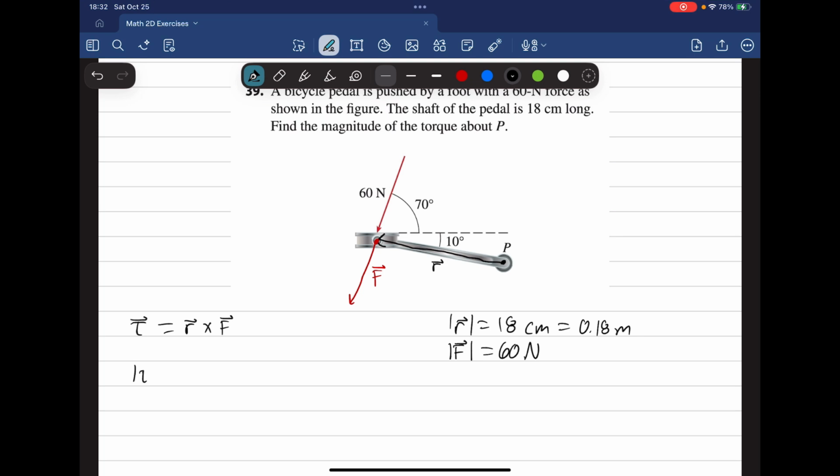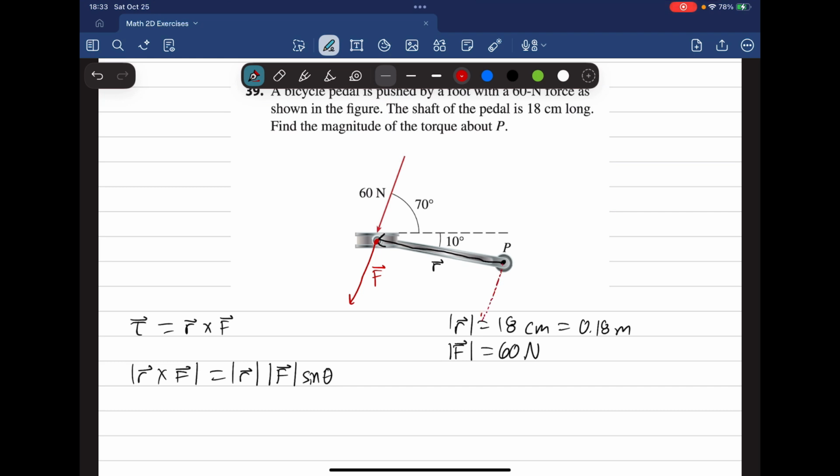Instead, let me erase this, we use the formula relating the absolute value of the cross product to the absolute values of the vectors together with the sine of the angle theta, where theta is the angle between the vectors.